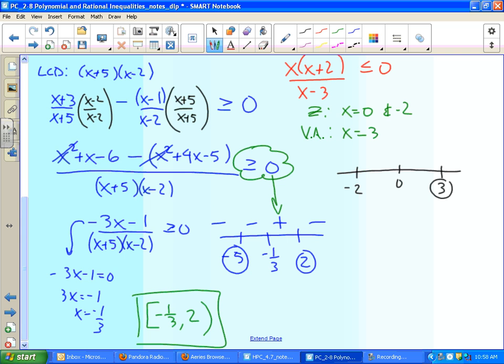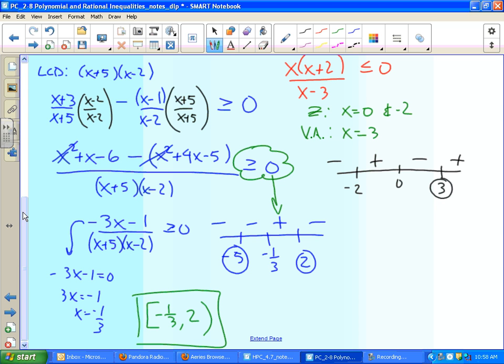If I test negative 3, I get a negative 3 on the top, and a negative 1, which is a positive, over a negative. Negative 1 on the top, giving me a negative over another negative, which is positive. 1 is positive over negative. 4, we get positive.